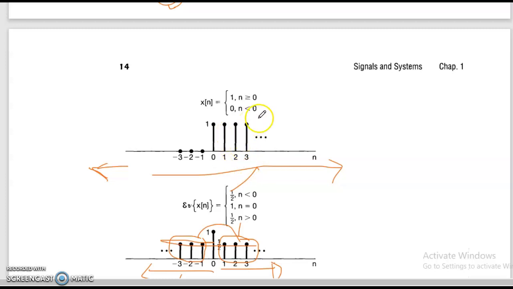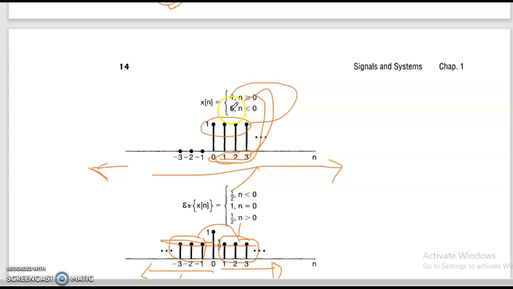Here, x of n equals 1. When will it be 1? When n is greater than or equal to 0. This is the x of n, and here x of n is 1. When will x of n be 0?